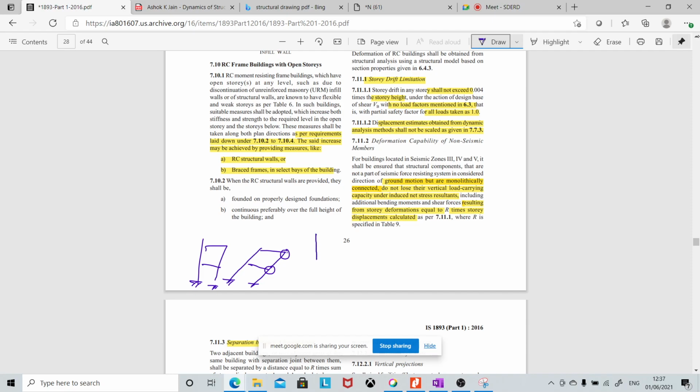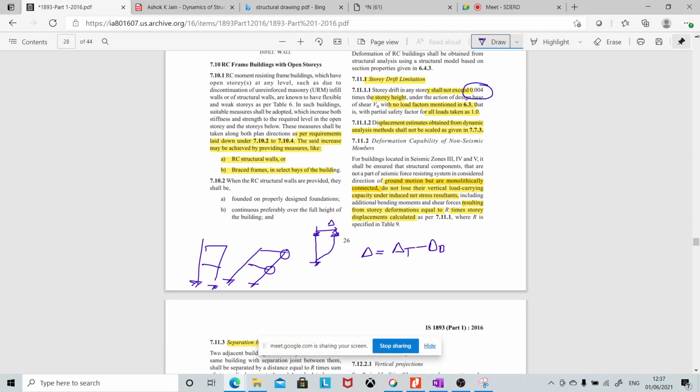If it is vertical, and you consider the bottom of the story as the base, the top will be displacing like this. Whatever has happened here will be the story displacement, calculated as displacement of the top minus displacement of the bottom. Here you will notice that it is given as a decimal.